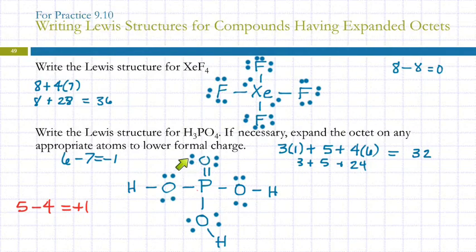This oxygen now, 2 lone pairs, 2 bonds. An octet with 2 bonds, that's going to have a 0 formal charge. It looks different than this one, but this one also has 2 lone pairs and 2 bonds. Now, what's the formal charge on the phosphorus? 0. Phosphorus brings in 5 electrons.